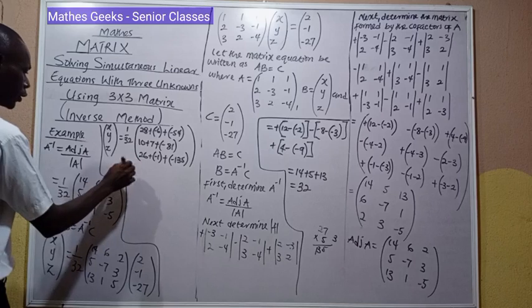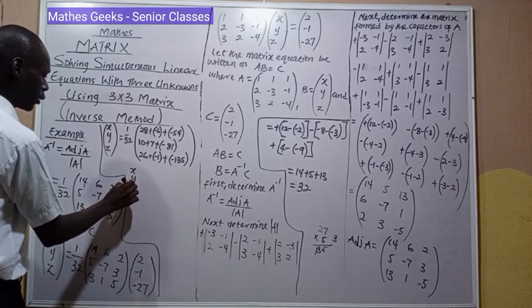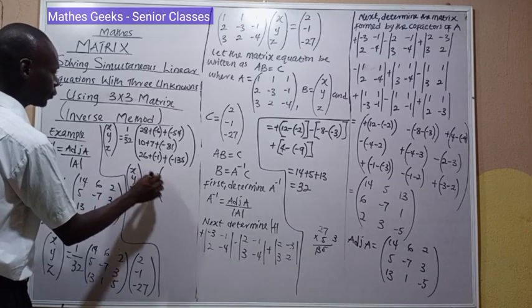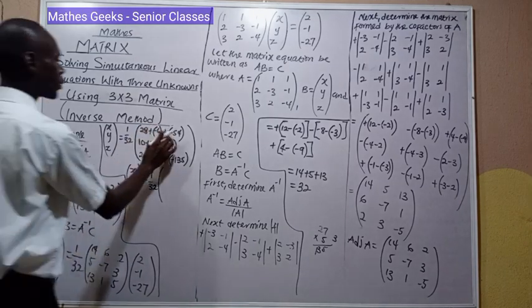So when we evaluate, x, y, z is equal to 1 over 32, plus times minus is minus.